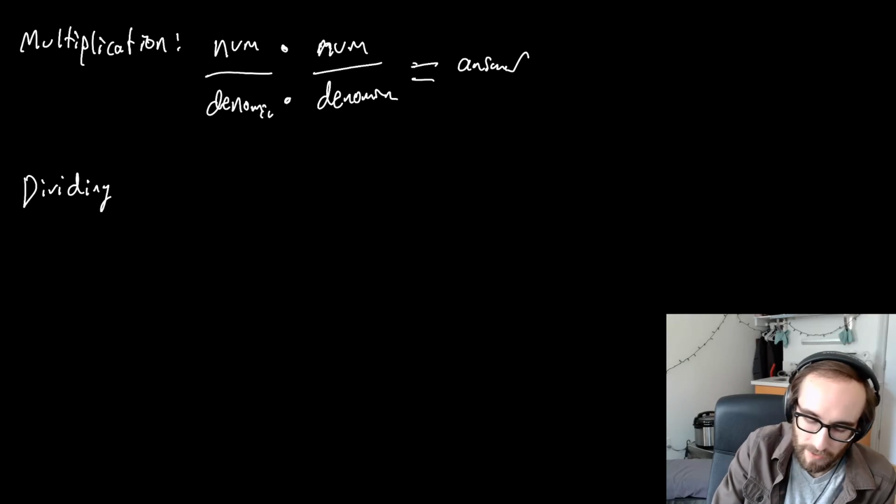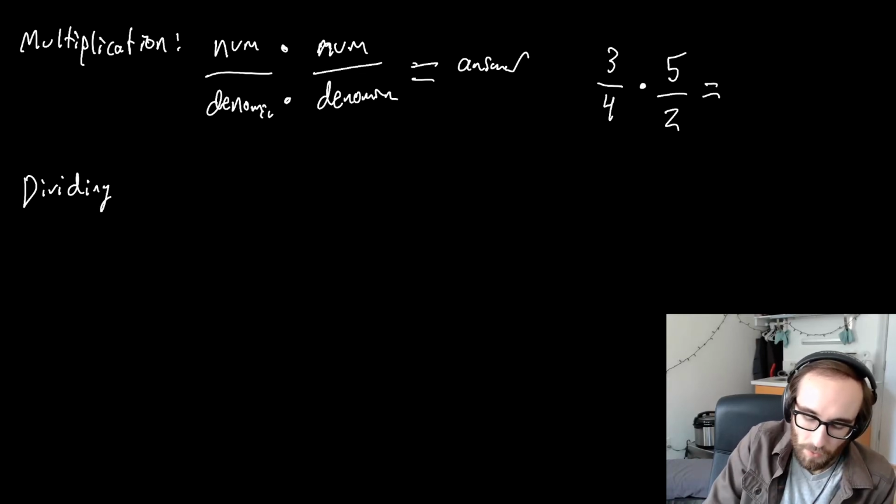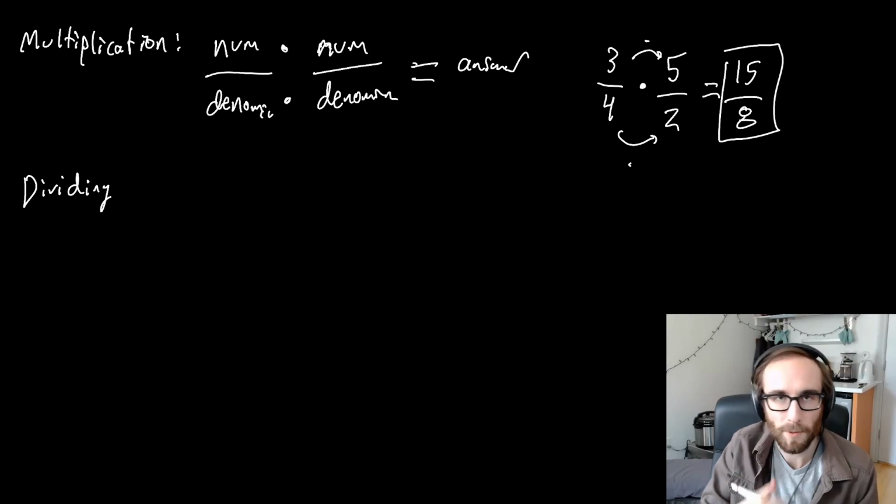So what that looks like is if we have 3/4, for example, and we're multiplying that by 5/2. So here we can multiply the tops. 3 times 5 is 15. 4 times 2 is 8. So 15/8 is our final answer for multiplying those two fractions. So just multiply the tops, multiply the bottoms.